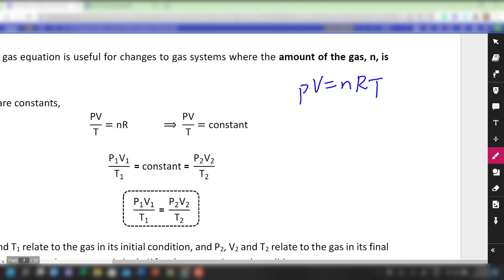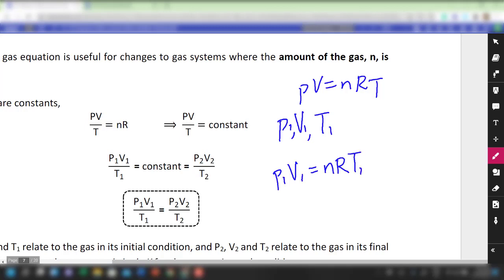If let's say, I mean, I can just give you a random example. So if in one condition, right, we have a certain pressure, we can call it P1. We have a certain volume, we call it V1. And we can have a certain temperature, we call it T1. So in this case, your ideal gas equation will therefore be P1 V1 is equals to nR multiplied by T1.